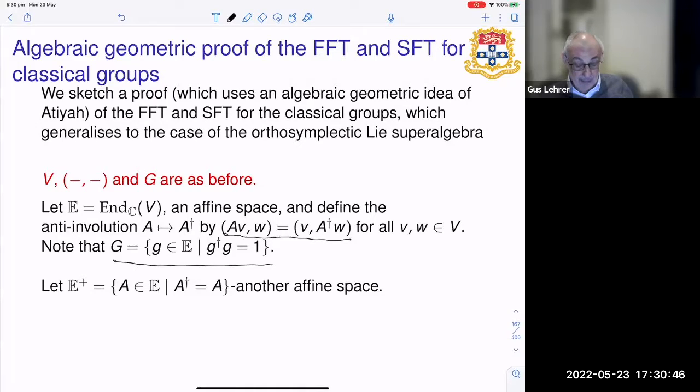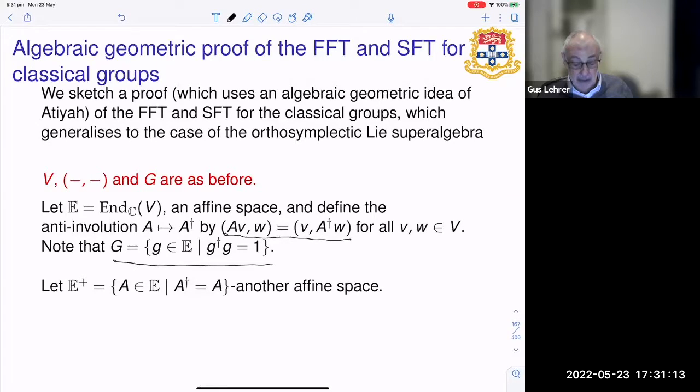Now, E has a subspace which I'll call E plus. That's just the endomorphisms which are, I'll call it, dagger symmetric. In the orthogonal case, it is actually symmetric.